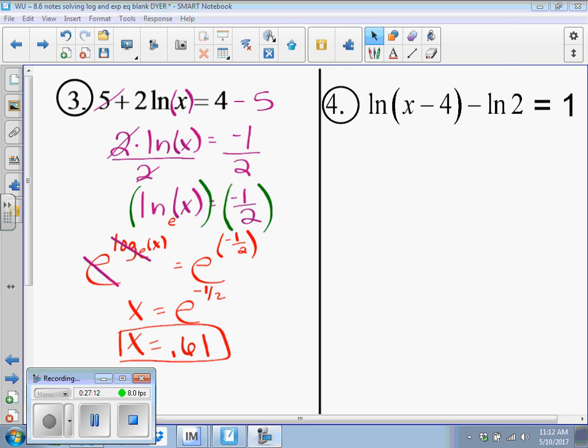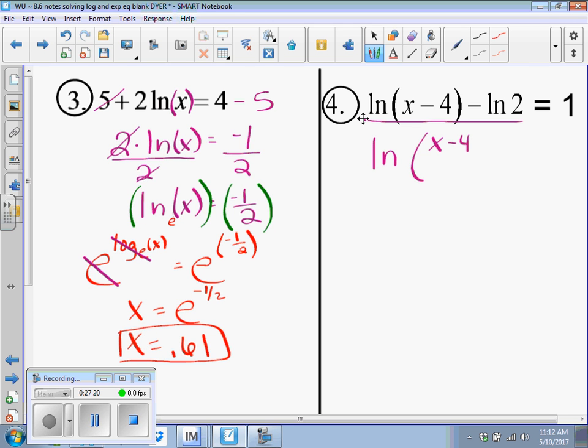So, how do I write this as 1 log? That'd be ln of what? x minus 4, divided by 2. Oh, because it's subtraction. There's a reason why you learned how to do what you did last night. Okay?